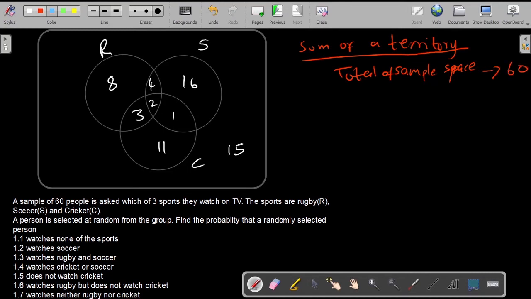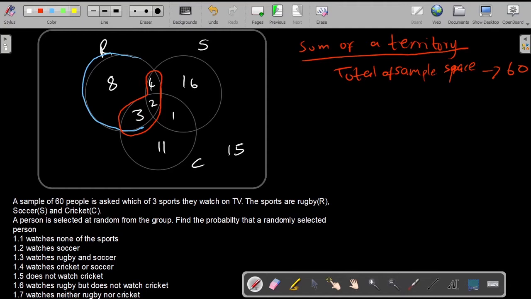And now the sum of the territory will depend on the conditions that we want to find. For example, if we asked for the probability of people who watch rugby only, then you'd forget everything else which is outside the rugby circle. But we can't include these parts because we're specifically told those who watch rugby only.